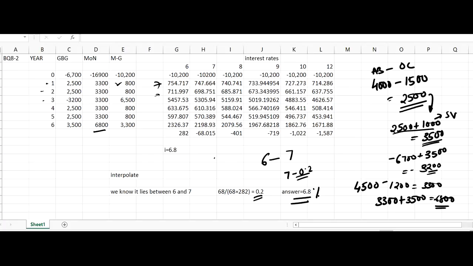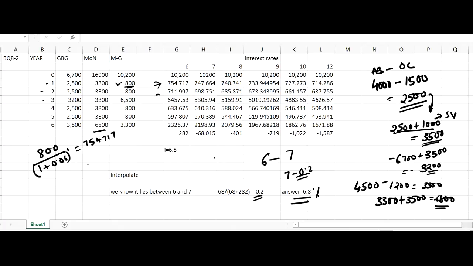So I'll repeat it again. 754.717 is calculated as this 800 divided by 1 plus 0.06, that is the 6 percentage, raised to power 1, that equals 754.717.